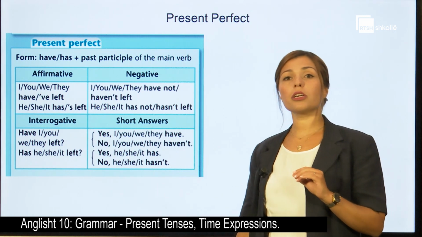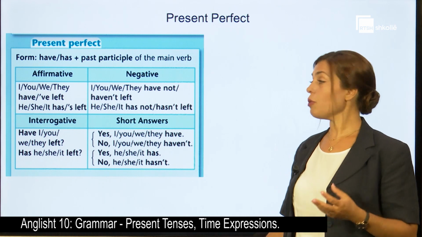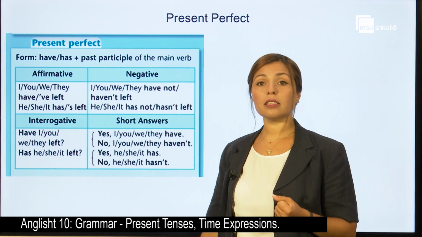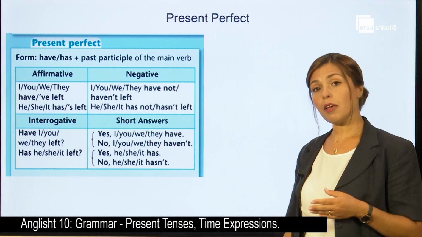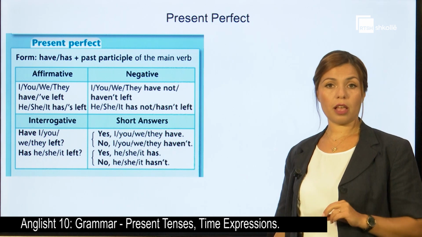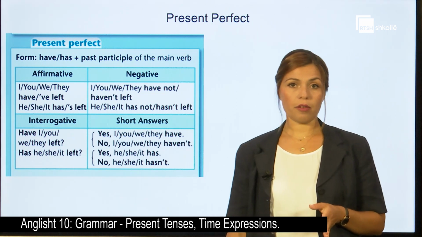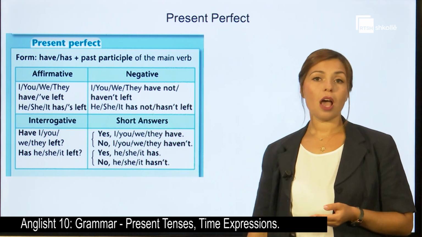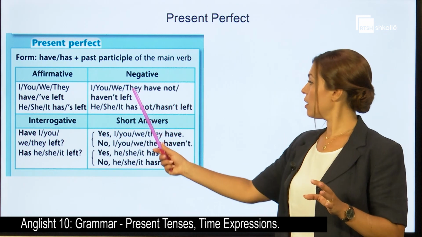I have worked. I have done, if our verb is irregular. I have left. He has left. She has left. It has left. We have left. You have left. They have left. If I want to state the negative form, I have not, or I haven't, shortly.